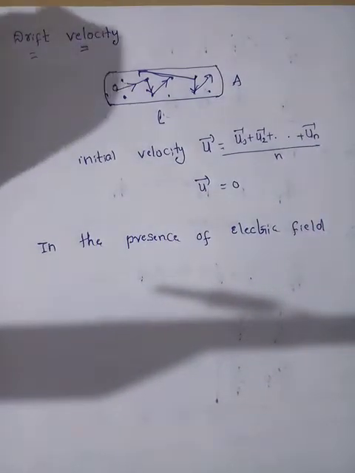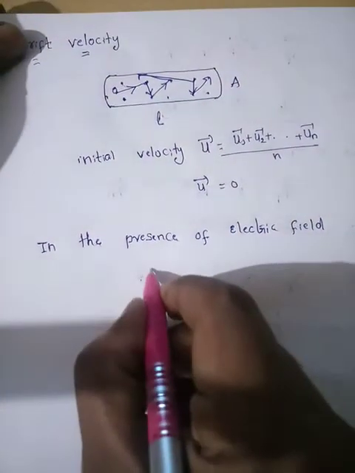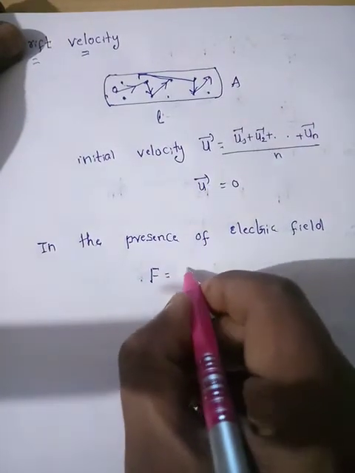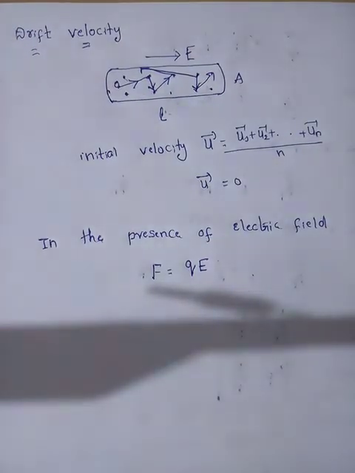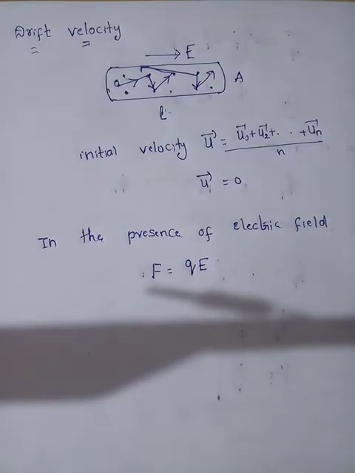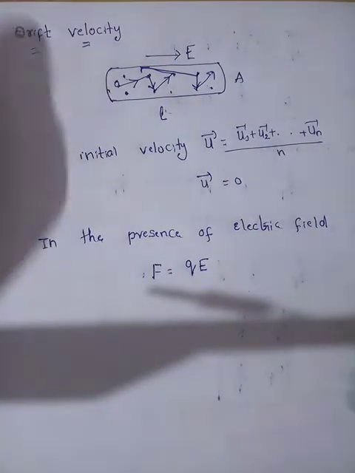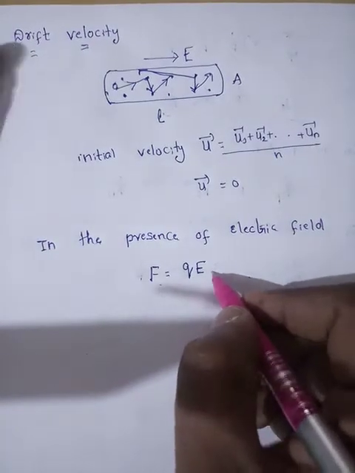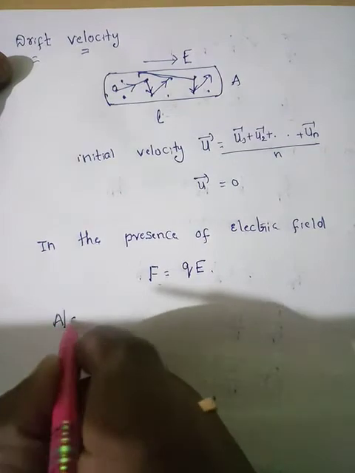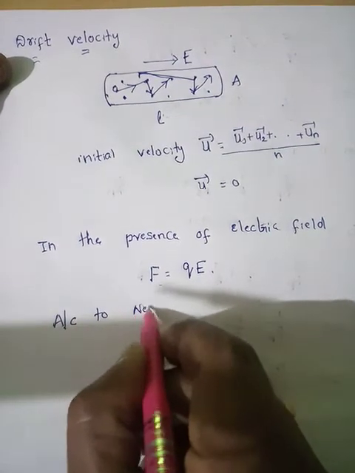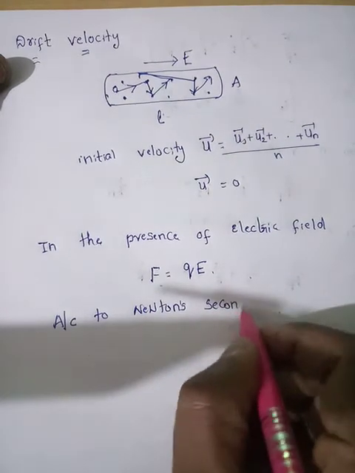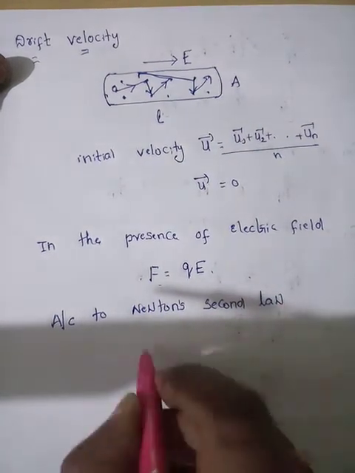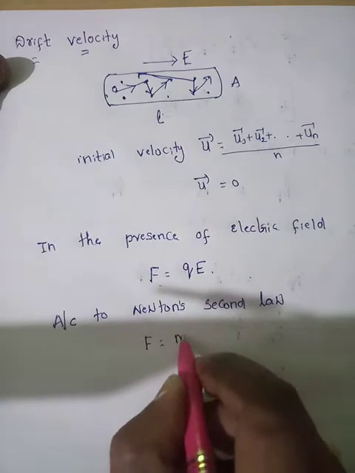each and every charge experiences a force, right? Yes. What is the force experienced by a charge? F is equal to Q into E. If I apply an electric field, all the charges present inside the conductor experience the electric force. That force is F equals QE. According to Newton's second law, force is F equals ma.